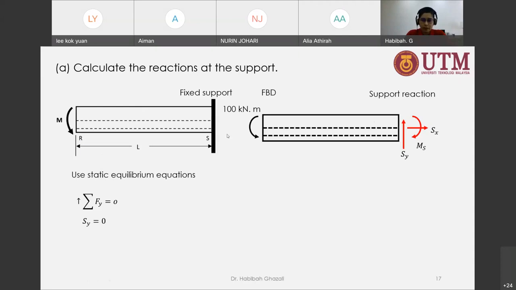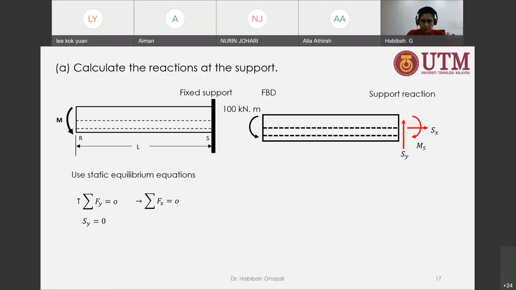The external concentrated moment is not going to cause it to go up and down. It's just going to cause it to rotate. Then I do another one using static equilibrium: I sum forces in the X direction.